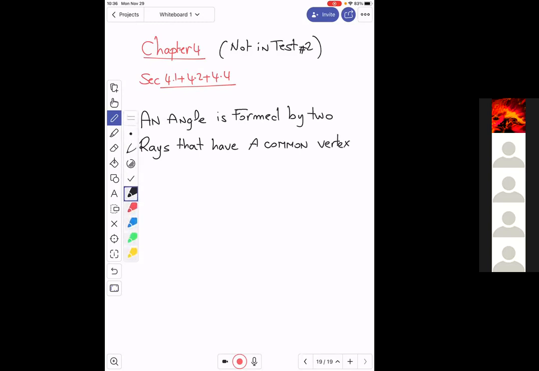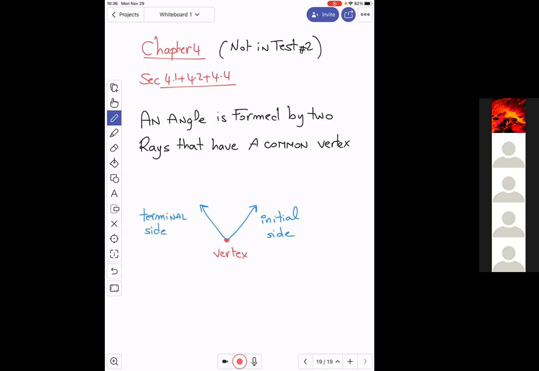So here's your vertex. And then you have an initial side, my first ray, and then there is a terminal side.